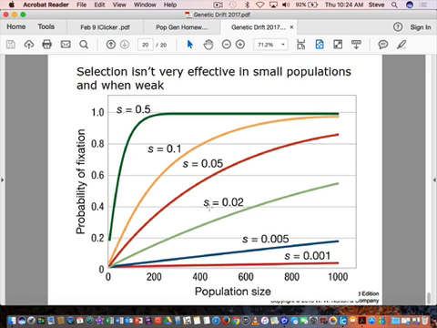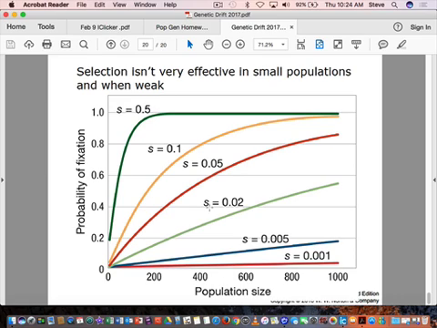But when you go down here you can see the selection is really weak. What's the predominant effect on the fixation of these alleles? It's primarily the size of the population. And you can see even here, even when you have a really weak selection, even under population size of 1,000, you're going to get a really low probability of fixation of a favored allele.